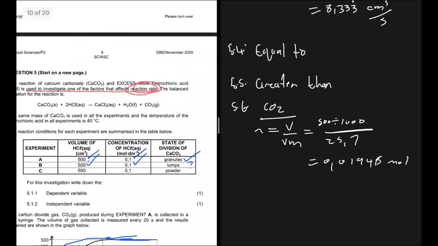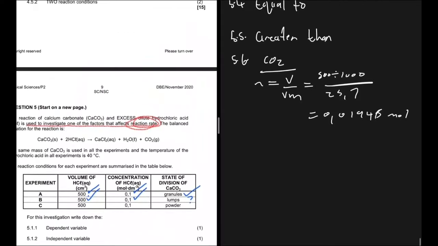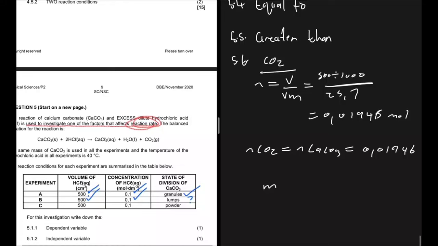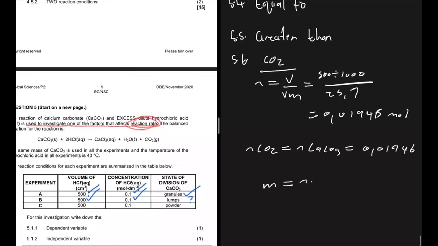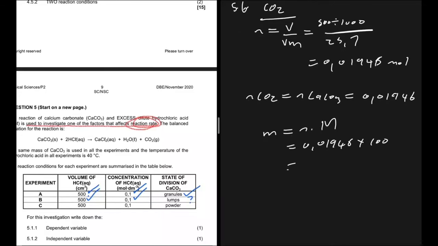So now let's go to our equation. Now we can see that the number of moles of CO2 will be equal to the number of moles of calcium carbonate, right? Because the balancing coefficients are the same. So this will be 0.01946. So the mass will be the number of moles multiplied by the molar mass. So we have 0.01946 multiplied by 100. This will give you 1.946 grams.